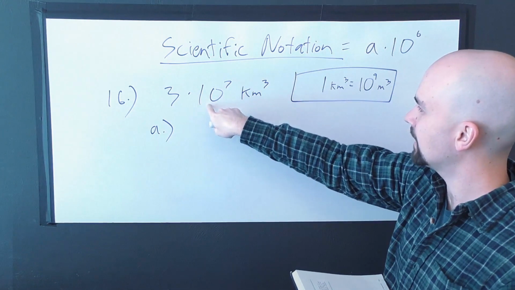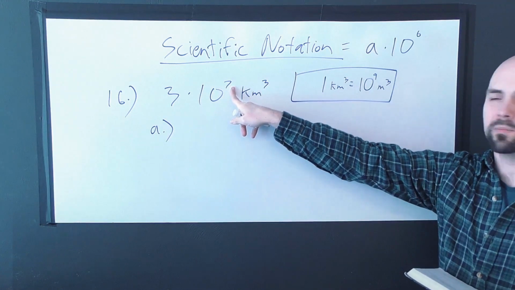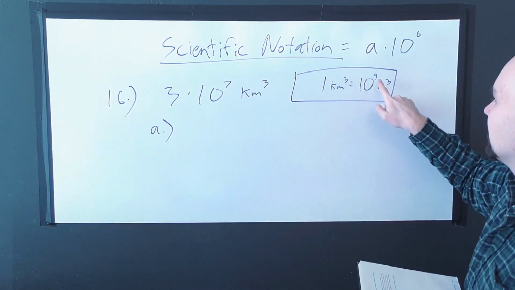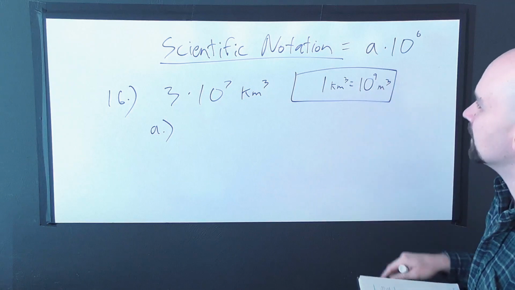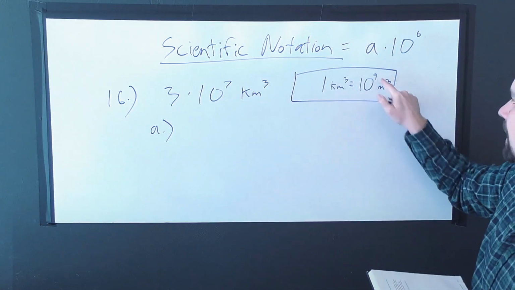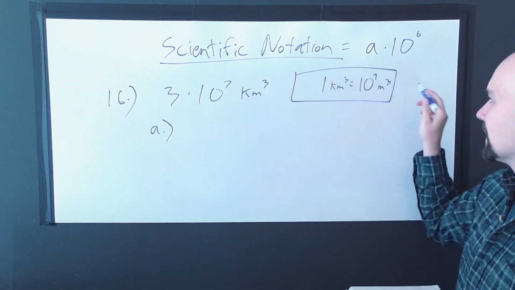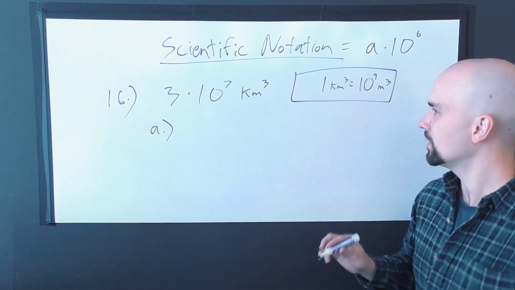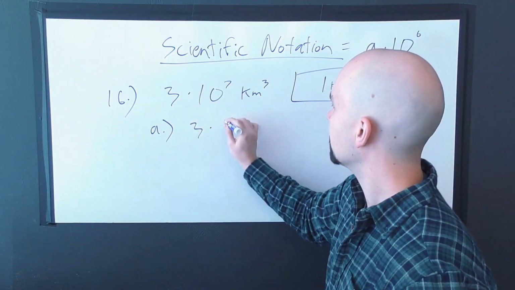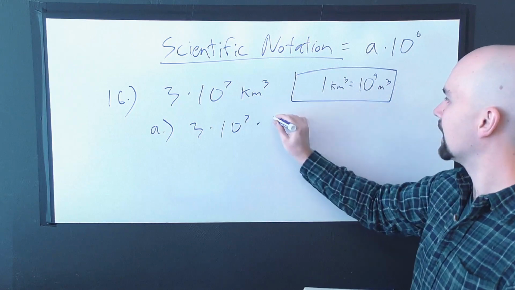We have 10 to the power of 7 cubic kilometers, right? And every one of those cubic kilometers is going to be 10 to the power of 9 cubic meters. So I could take this original number and multiply it by 10 to the power of 9, and I would be converting from the number of cubic kilometers I have to the number of cubic meters. So let's do that. 3 times 10 to the power of 7 times my conversion, 10 to the power of 9.